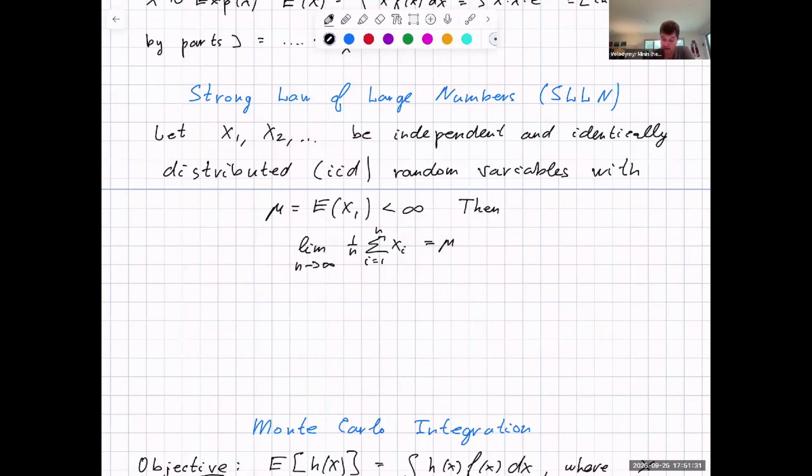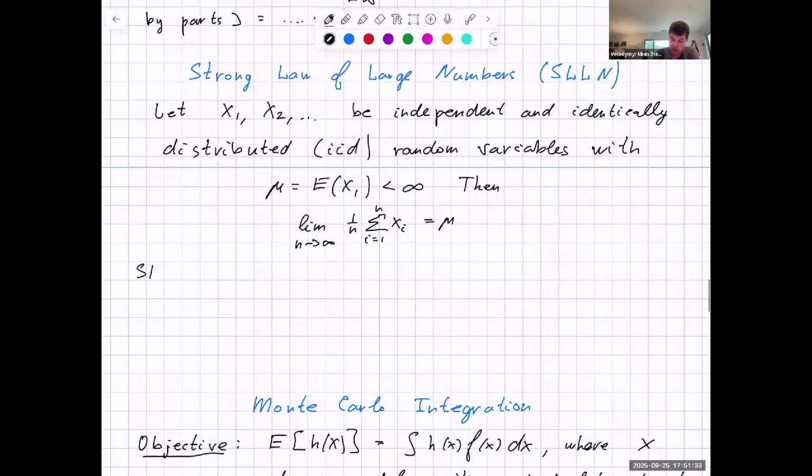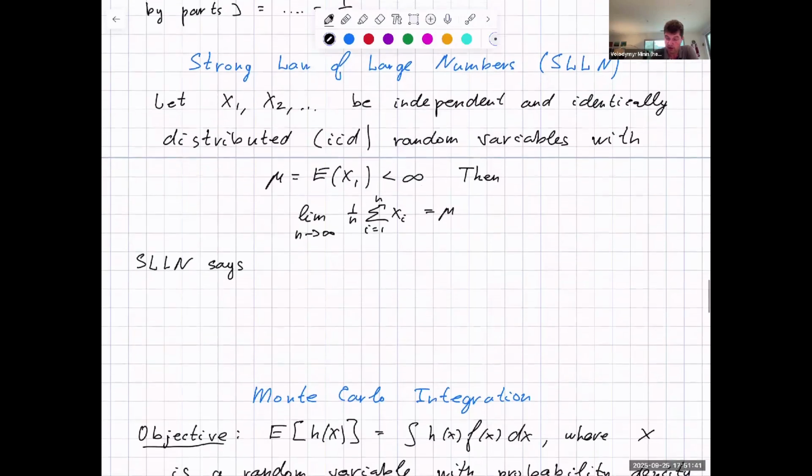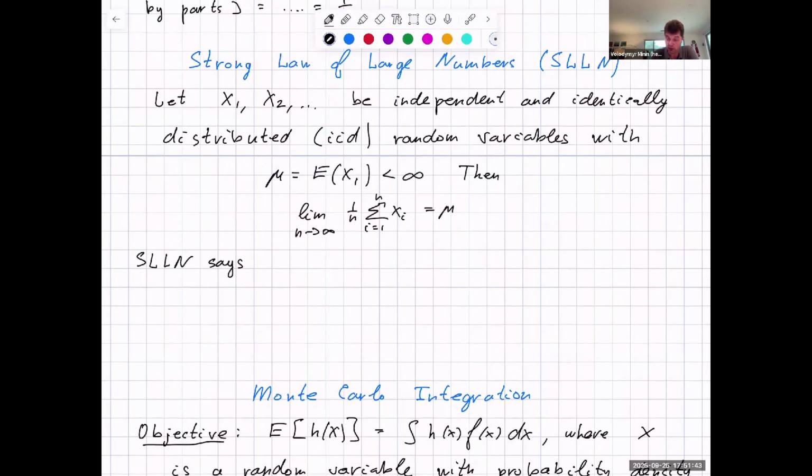Informally, what the strong law of large numbers says is that empirical averages converge to theoretical averages.